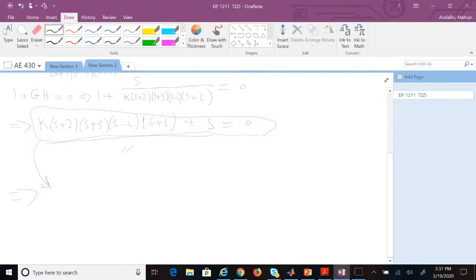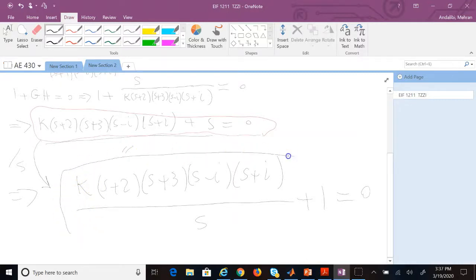So it's going to be K times (s plus 2) times (s plus 3) times (s minus i) times (s plus i), the whole thing divided by (s plus 1), is equal to 0, and now it is the form that we wanted. 1 plus a rational function equals 0, where that rational function has K in the numerator. So this is what we focus on.